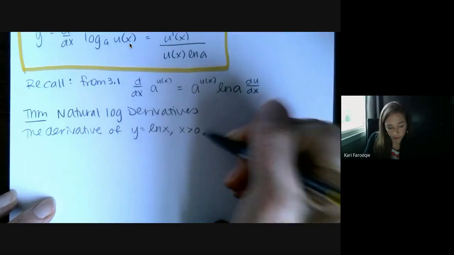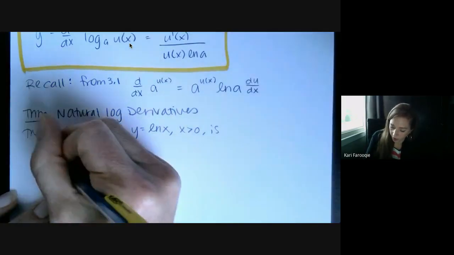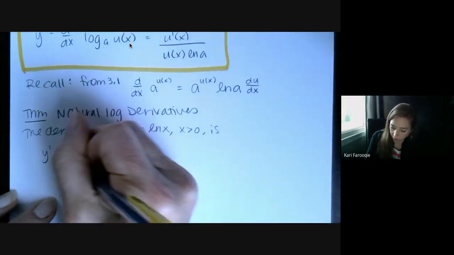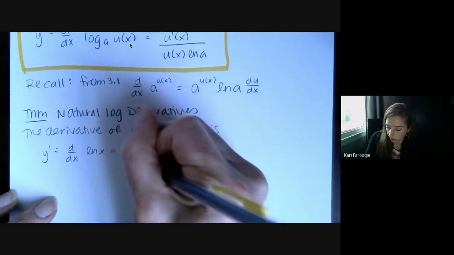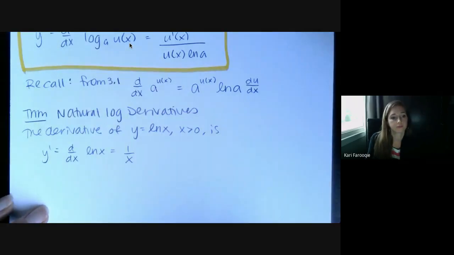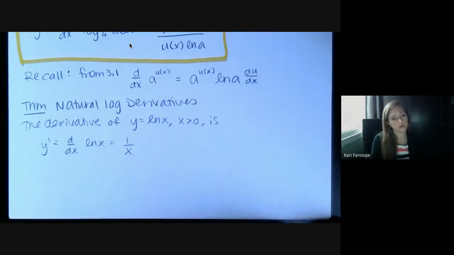Now x has to be positive, otherwise it's not in the domain. y prime equals the derivative with respect to x of the natural log of x is 1 over x. So if your function is natural log x, its derivative is 1 over x.